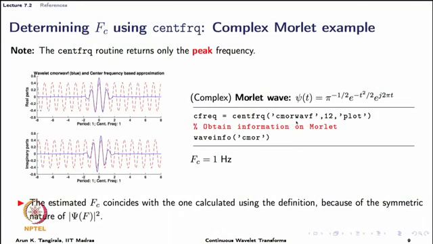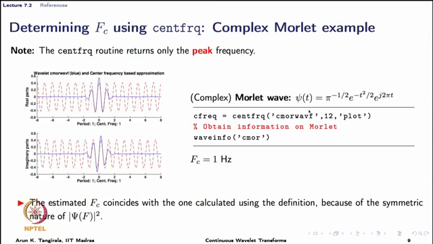It actually computes the complex Morlet wave over an interval of -8 to 8, but over a grid size of 2 power 12 points, that is 4096 points. And the last argument asks this routine to plot the sine wave, or you can say it is approximately that sine wave of the particular center frequency that it has computed.